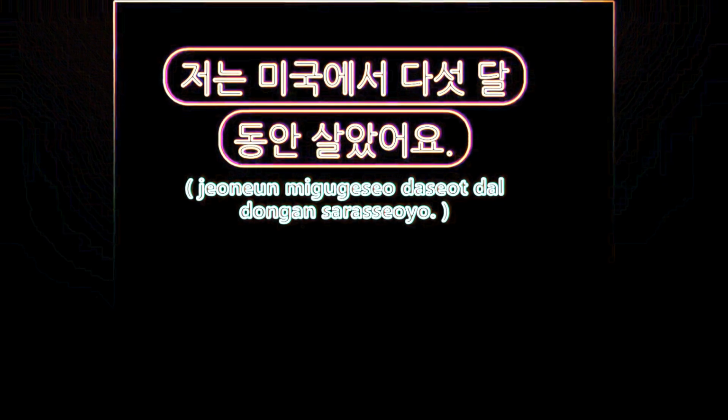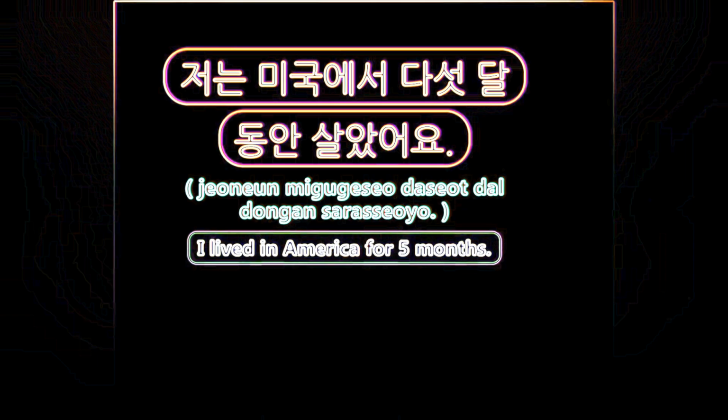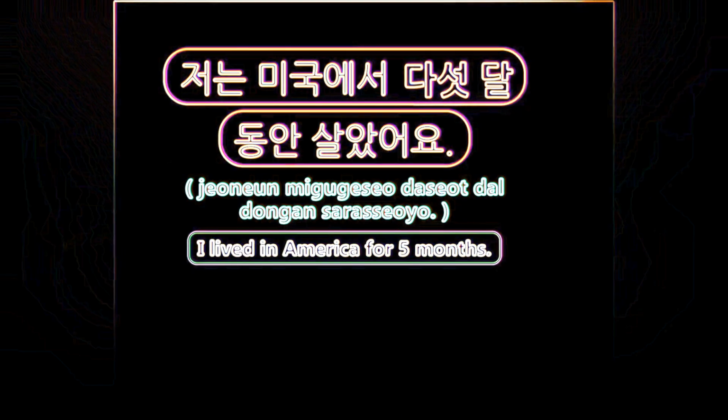The first sentence is 저는 미국에서 다섯 달 동안 살았어요. This sentence means I lived in America for 5 months. Note that 다섯 달 is used for the duration of 5 months.